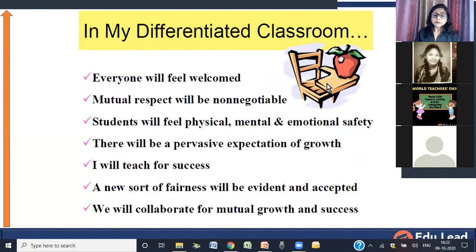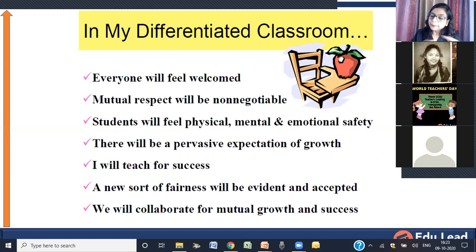Let's move further. When we have this kind of a differentiated classroom, we will find that all the children are going to feel welcomed. Mutual respect will be non-negotiable. This is important for us to understand. Whenever we are doing differentiation, we have to do it in the most subtle manner. We do not have to announce anybody.